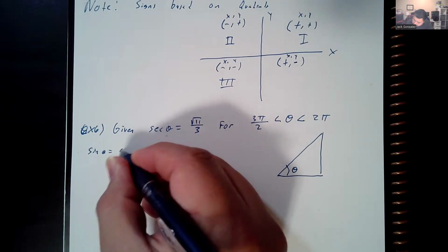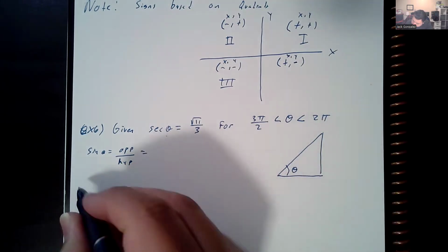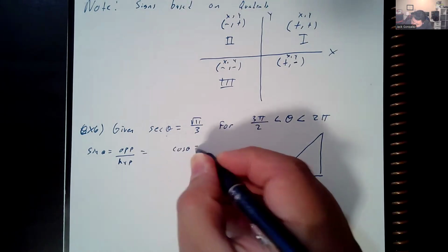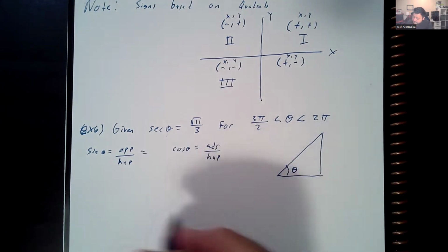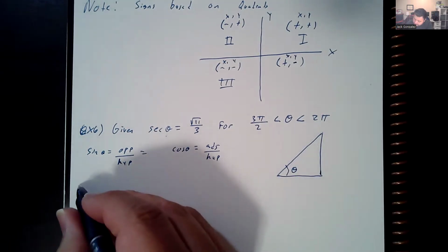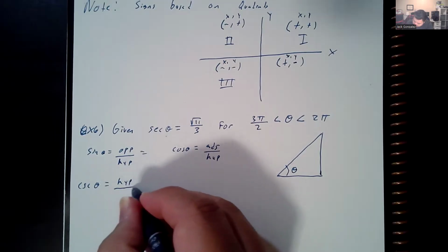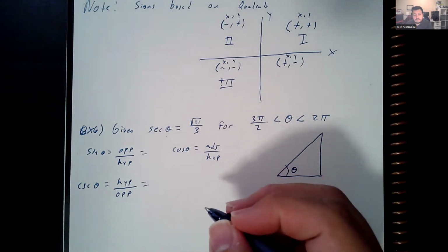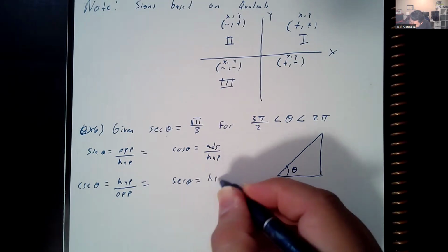Sine theta is opposite over hypotenuse. Cosine theta is equal to adjacent over hypotenuse. Cosecant is hypotenuse over opposite, the reciprocal of sine. Secant is the one they gave us, which is hypotenuse over adjacent.